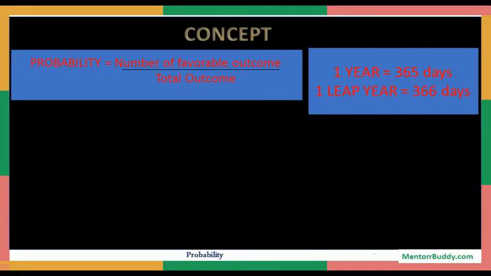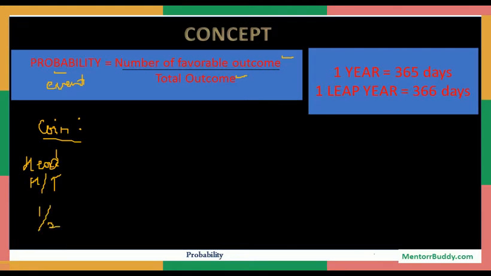According to the basic rule of probability, the probability of any event is the ratio of the number of favorable outcomes upon total outcomes. For example, if a coin is tossed, what is the probability of getting the head? Out of head and tail there's going to be one favorable outcome and the total outcomes are 2.